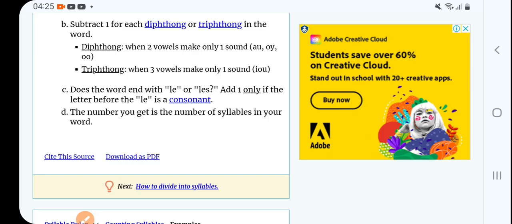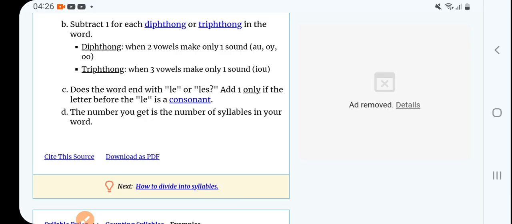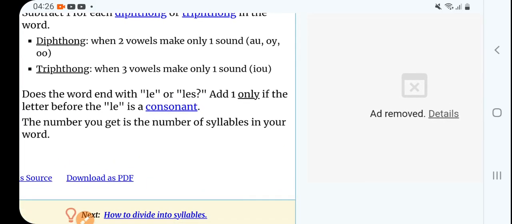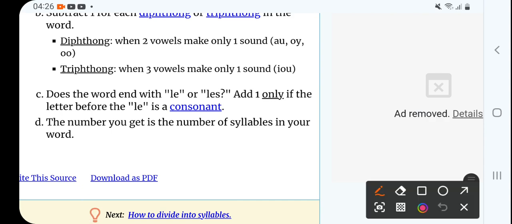For example, in about, a and u will be counted as one, so we have to subtract one. A diphthong is when two vowels make only one sound, like ow, oi, oo. In door, we have taken the example, it will be counted as just one because the sound is one. A triphthong is when three vowels make only one sound, for example, i, o, u.